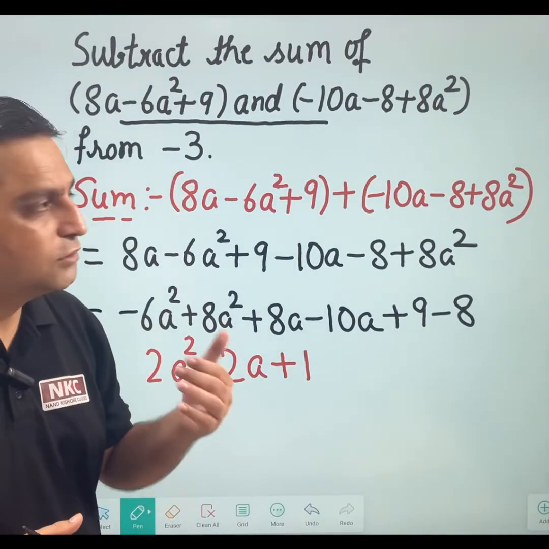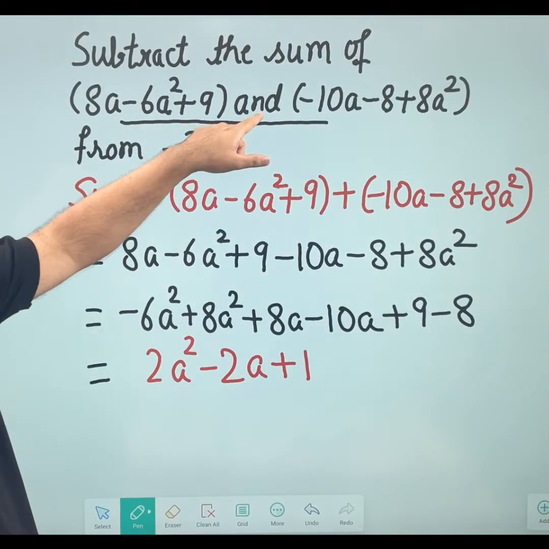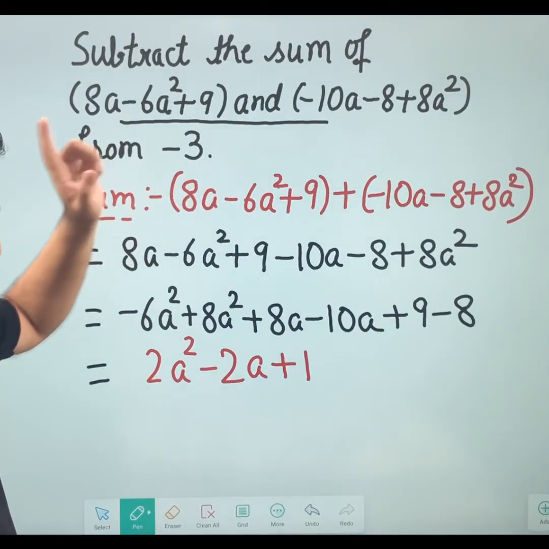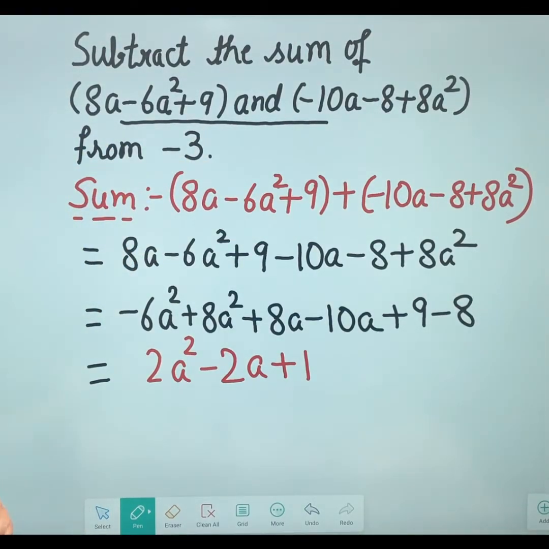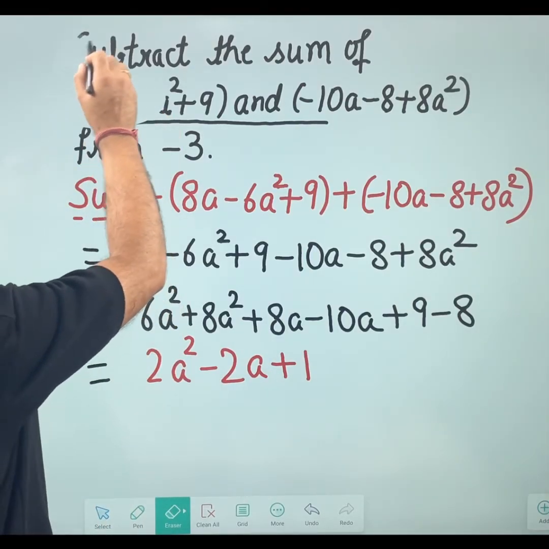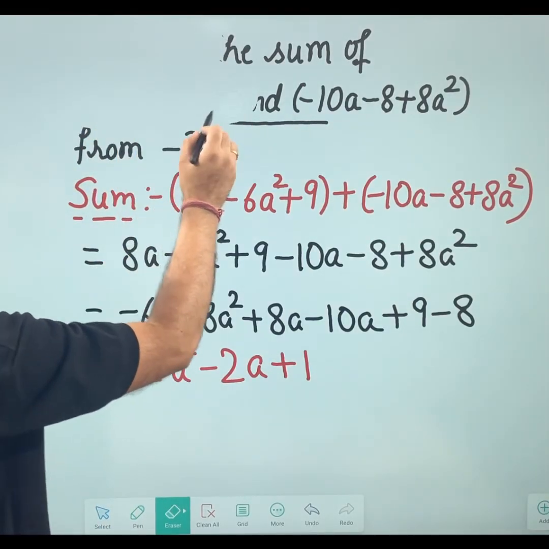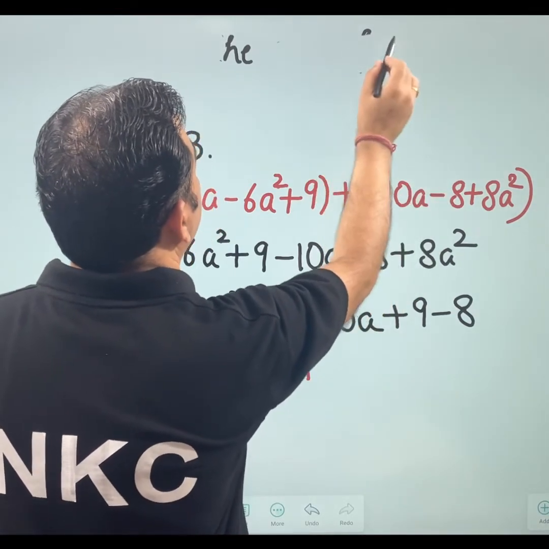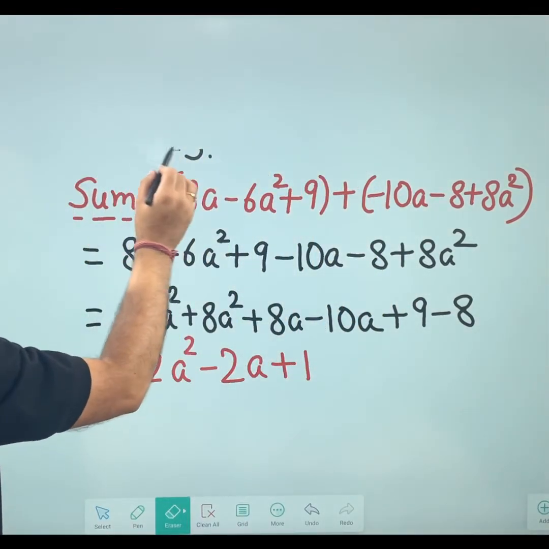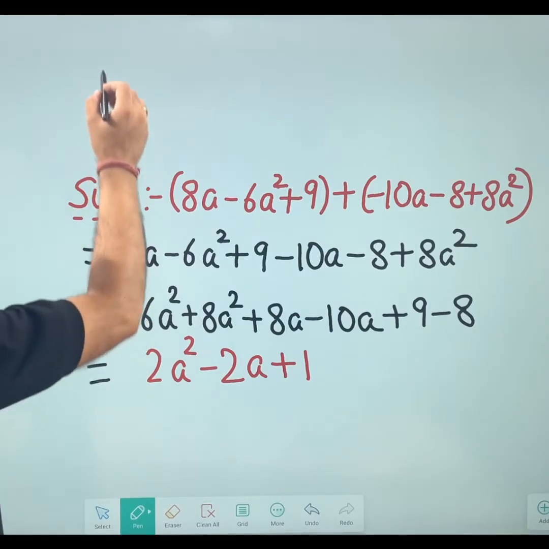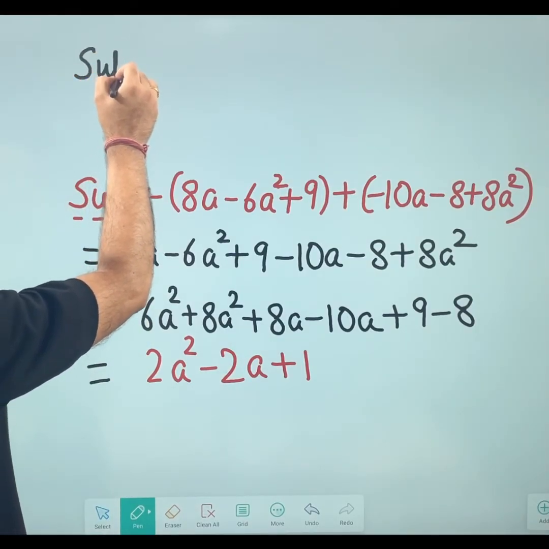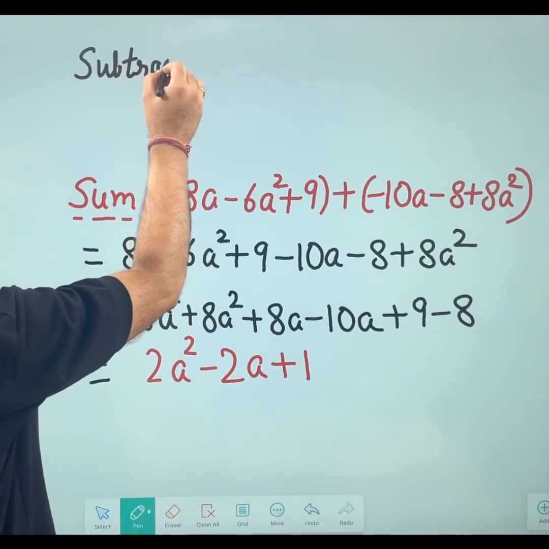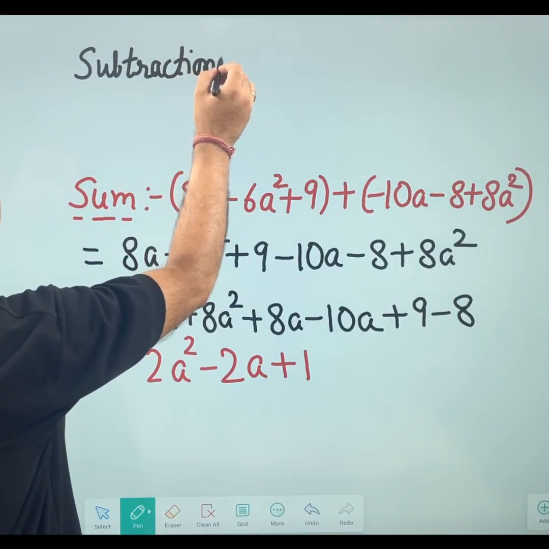Now read the complete question. They said the sum should be subtracted from minus 3. Now we need to do the subtraction. Let me make some space over there. We need to subtract our result, what we have got till now, from minus 3. Let us start. I am making a heading, subtraction, that we are going to do subtraction now.